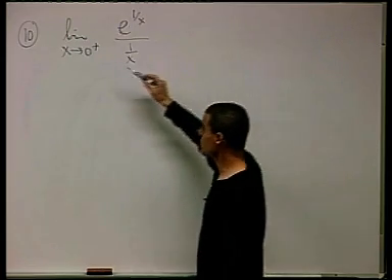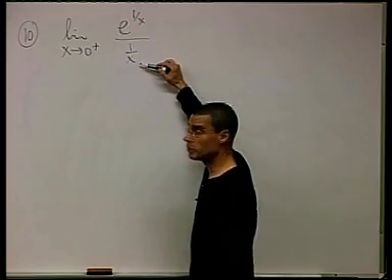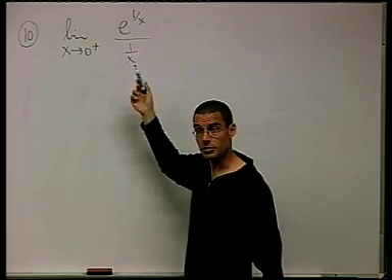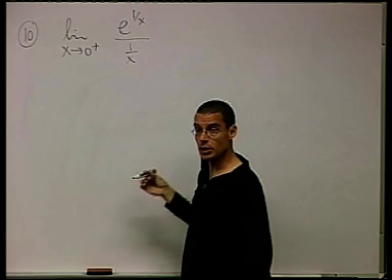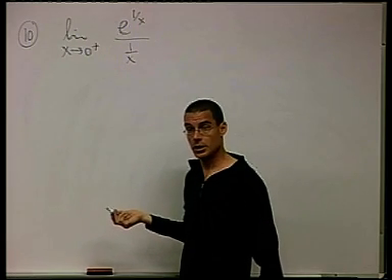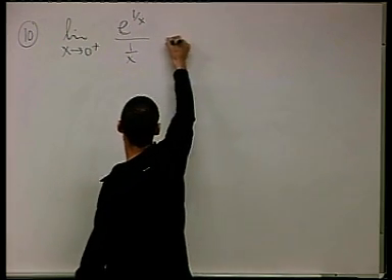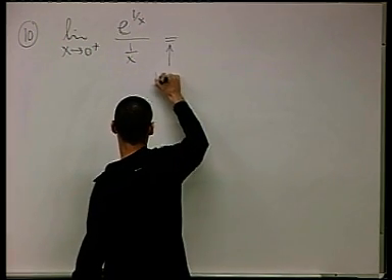As x goes to 0 plus, 1 over x goes to infinity. E to the 1 over x also goes to infinity. So this is an infinity over infinity situation. Do you agree? Everybody? So this is infinity over infinity.